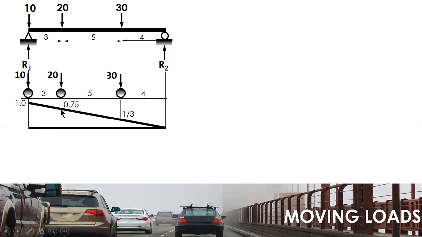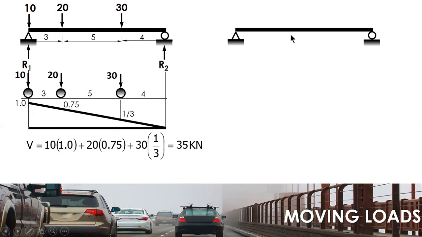Or if you want to use ratio and proportion, that is okay too, whichever is convenient for you. 1 is to 12 equals y is to 9. Then magnitude times ordinate for each load. It is 35. The second setup is another 30.